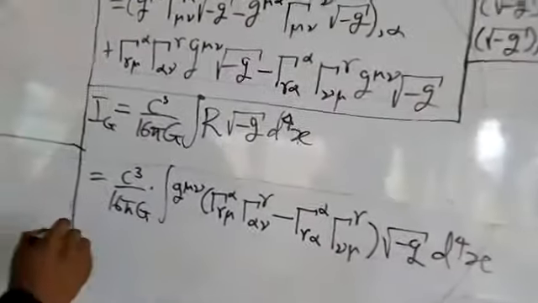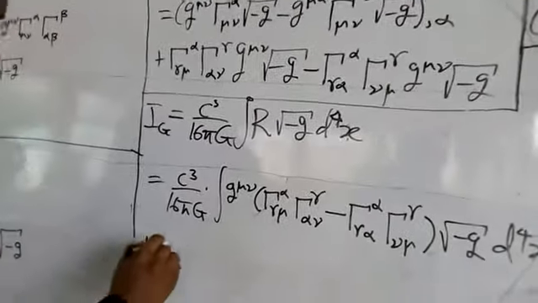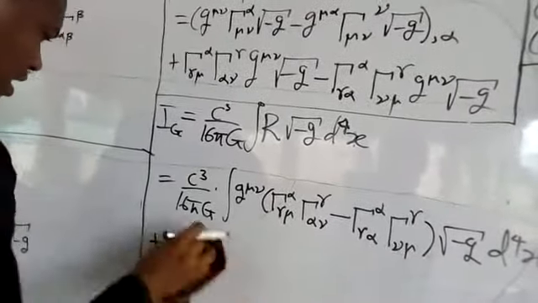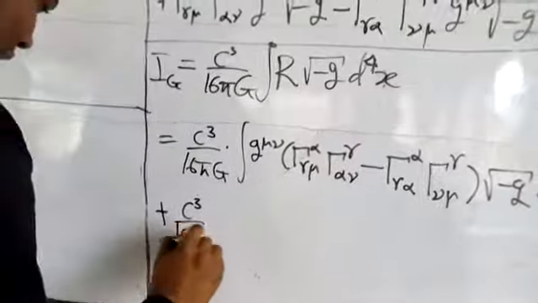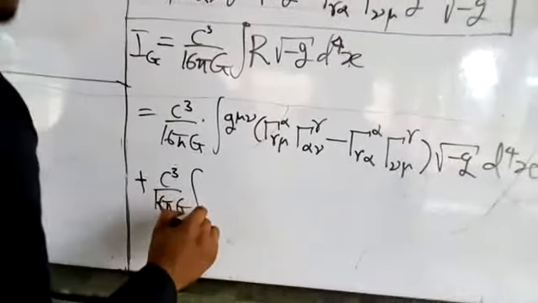Then I'm going to have plus. Like I said, I wanted to avoid writing the first one first. So I'm going to have c cubed here, 16 pi G. Then I have the integral.